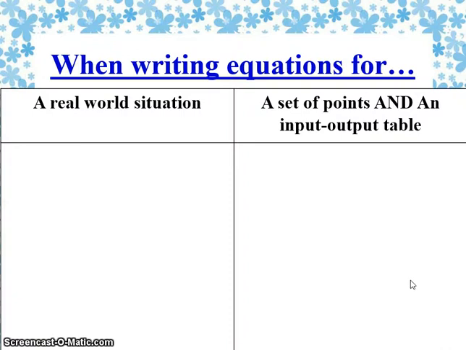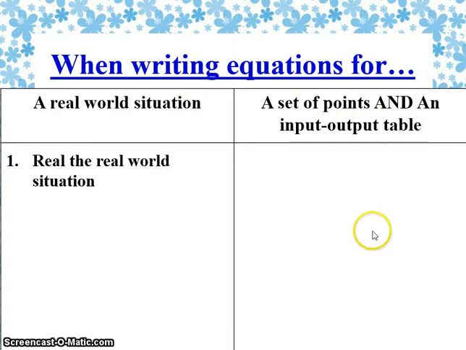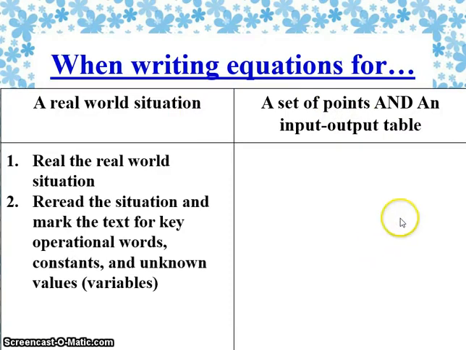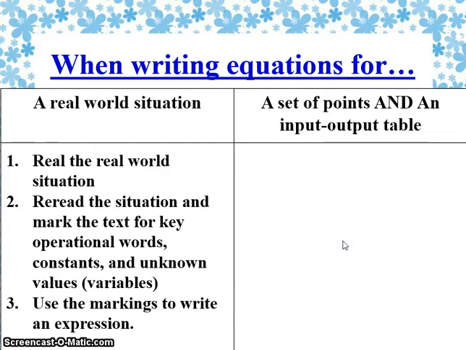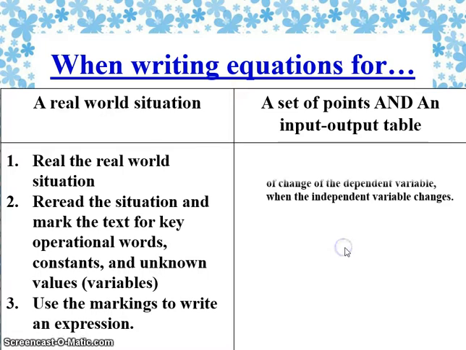We also learned to write equations for real-world situations, sets of points, and input-output tables by using these steps: reading the real-world situation, rereading the situation and marking the text for key operational words, constants, and unknown values, and using the markings to write an equation.